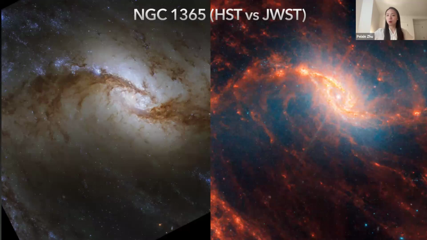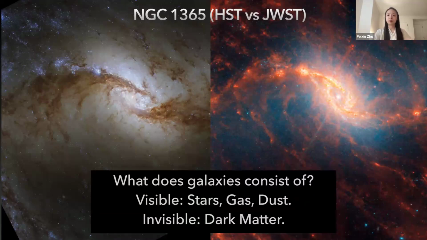But what are these? What is the matter that is giving us such information in the light? They are the visible things, or all the things you can see that are not dark. One is stars. Here I point out the blue regions where the stars are located. But remember, they are not single stars.